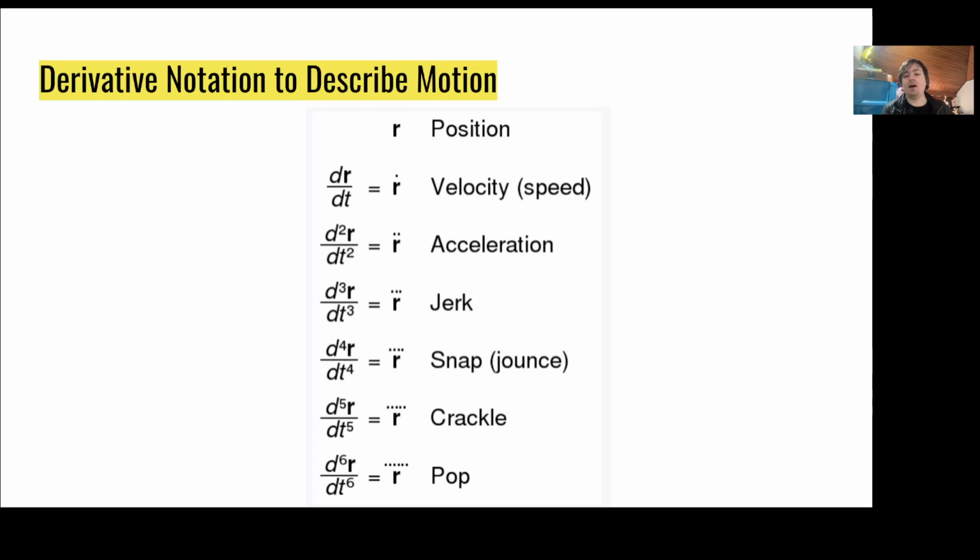The derivative again of the velocity would be your acceleration, and so on. Then you would have the third derivative, jerk, snap, crackle, and pop. And this is always when you take the total derivative in the direction of your position.